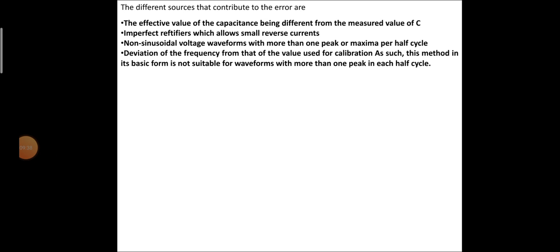Next is imperfect rectifiers, which allow small reverse currents. Third is non-sinusoidal voltage waveforms, if they have more than one peak, or the false maxima I told you about for every half cycle, and the deviation of the frequency from that of the value used for calibration. In these cases we encounter the error.